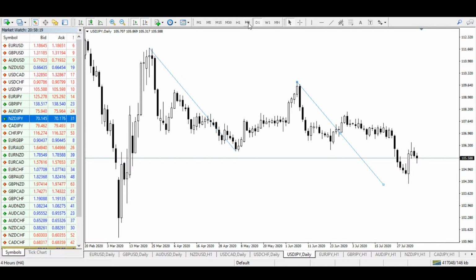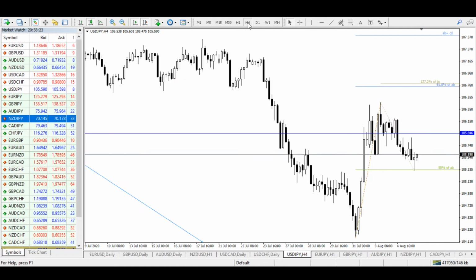Now I'll take you to the 4 hour time frame, and I'll show you where I have taken my position, what my target is, and what my stop loss level is. The market came down to this 50% level, and then it created this hammer candle.